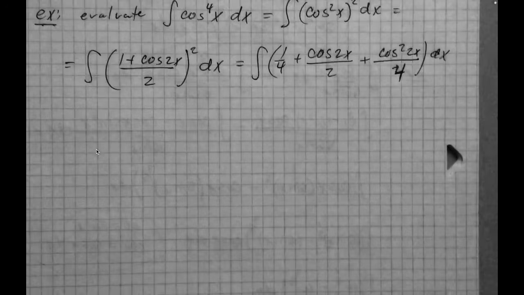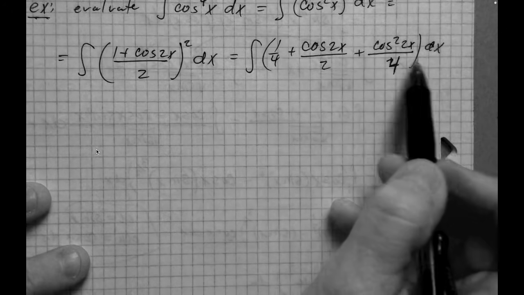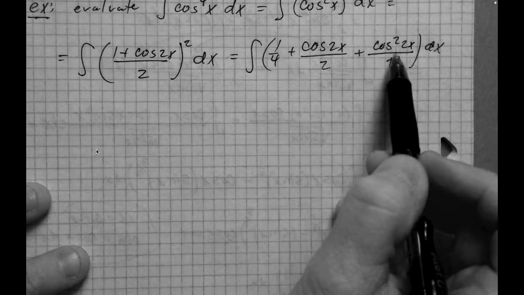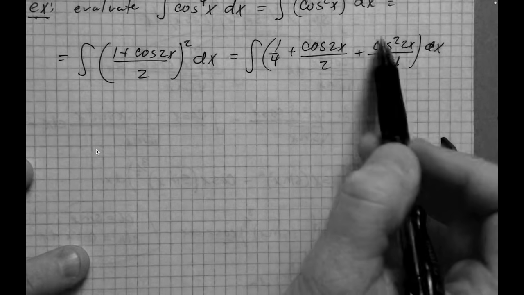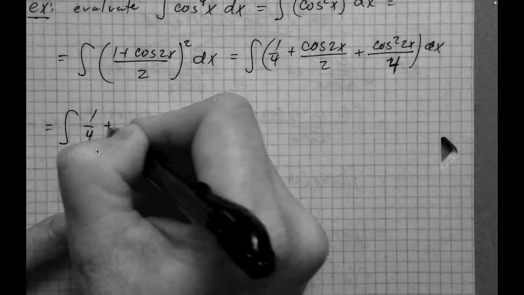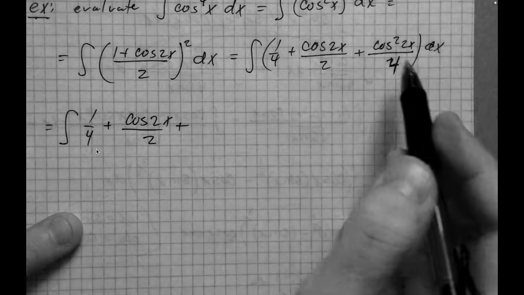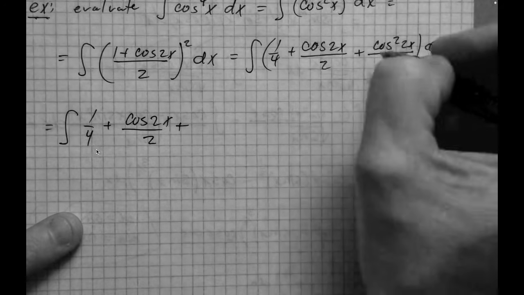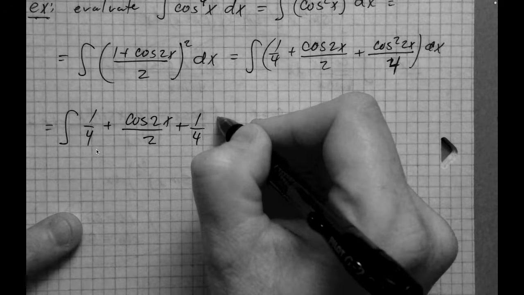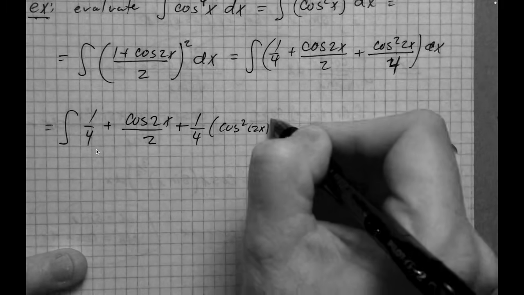Right, and so now what can we do? Well, we can just keep going with this one, actually, can't we? This is a squared term here, so we could push this one more time. We could write it as 1/4, and then it'd be cosine squared of 2x, right?